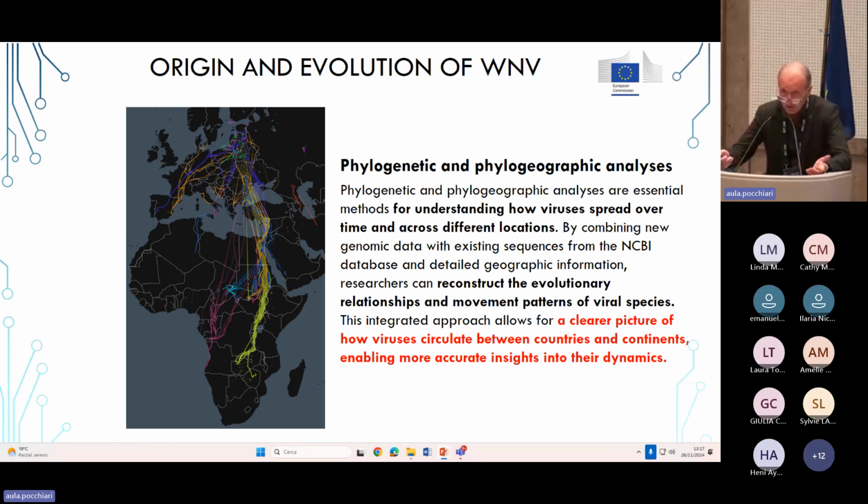Combining genomic data and geographic information, we can build the evolutionary relationships and movement patterns of viral species. And this is very important because it gives us a clear picture of how viruses circulate between continents and countries, enabling more insight into the dynamics.